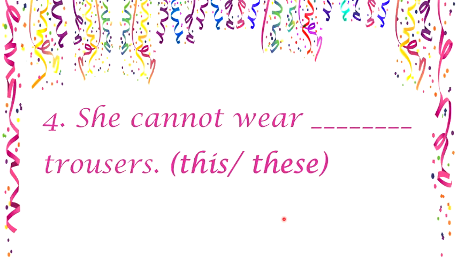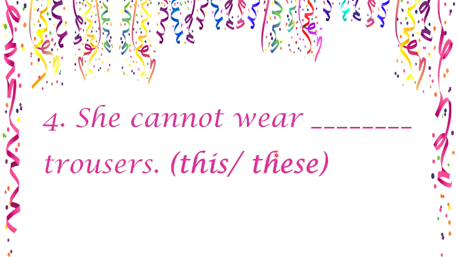So we have number 4. It is quite similar to the example which we have just done, scissors. Now the statement is, she cannot wear dash trousers. The same rule will be applied here. Just like scissors is a plural noun, in the same way this word trousers is a plural noun. So now what should come, this or these?